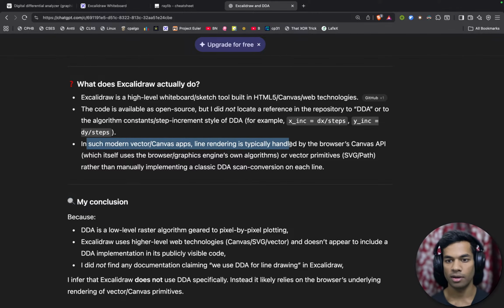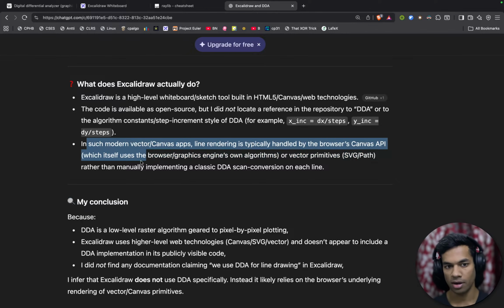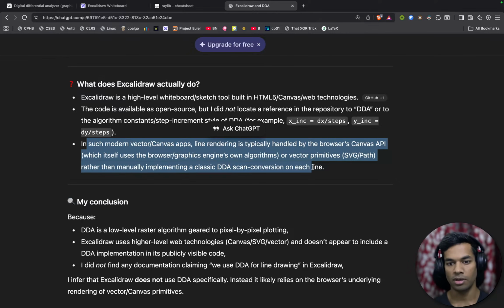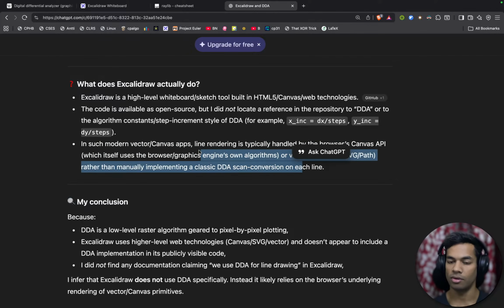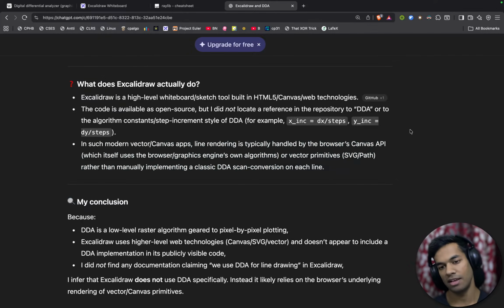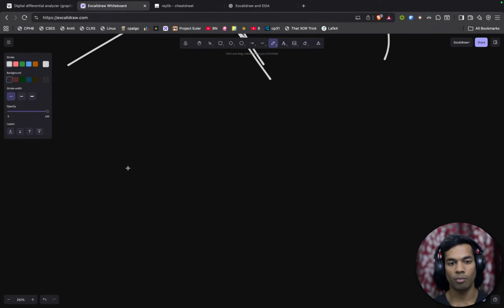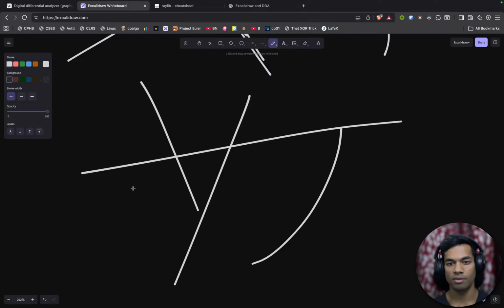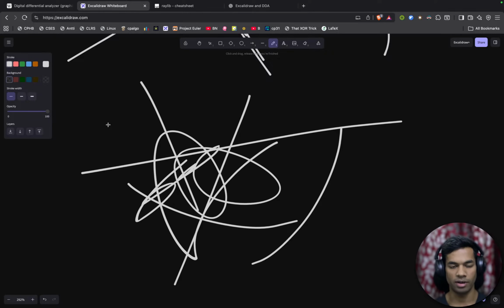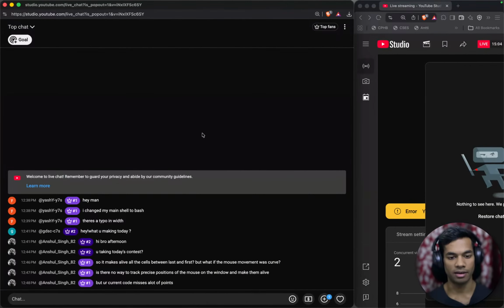Line drawing is typically handled by the browser's Canvas API, which itself uses the browser graphics engine's own algorithms or vector primitives like SVG paths rather than manually using a classic DDA conversion on each line. The main point is that Excalidraw is not polling again and again for the cursor position. It is using the Canvas API and the browser is handling everything.